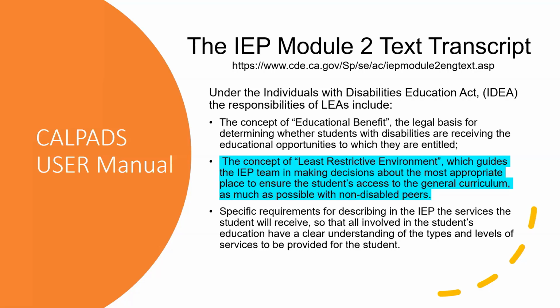There are several different bullets, but the central focus point is the second bullet. We've highlighted here the concept of least restrictive environment, which guides the IEP team in making decisions about the most appropriate place to ensure students access to general curriculum as much as possible with non-disabled peers.